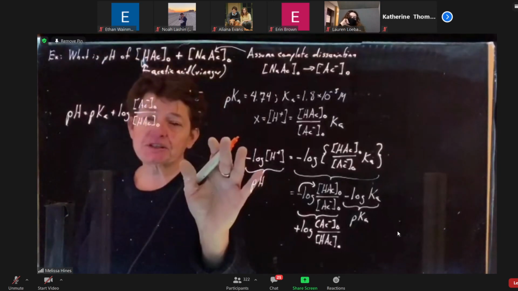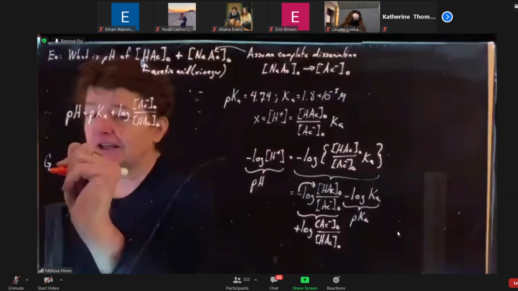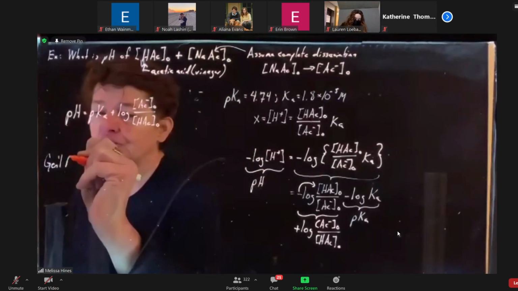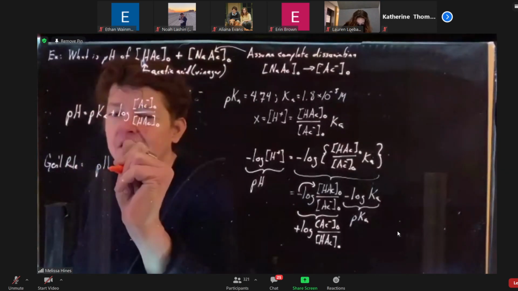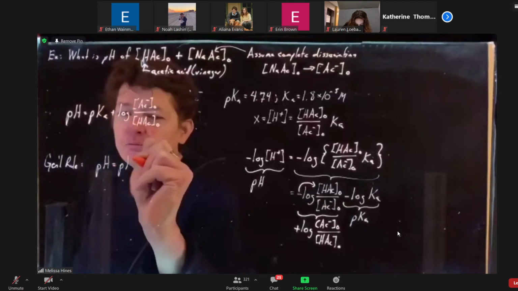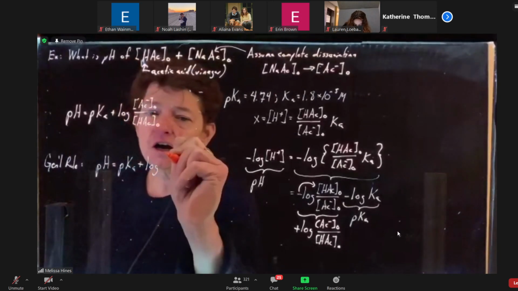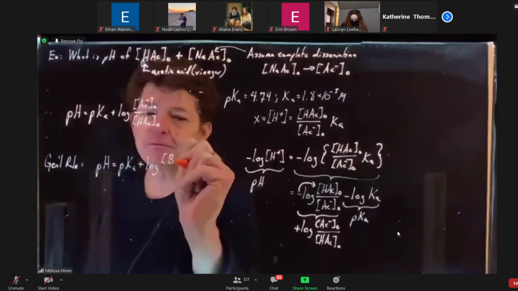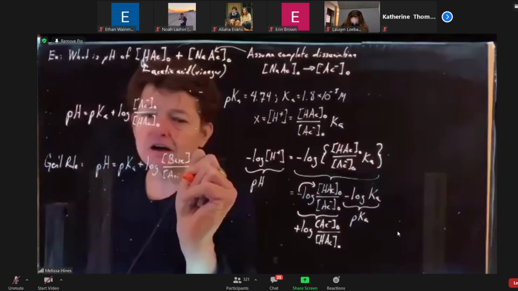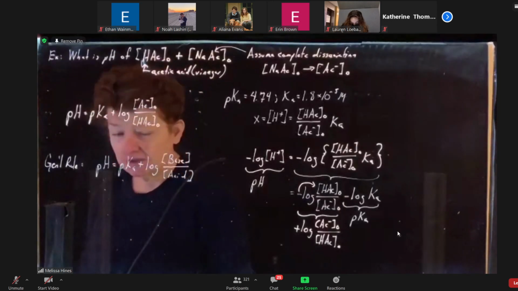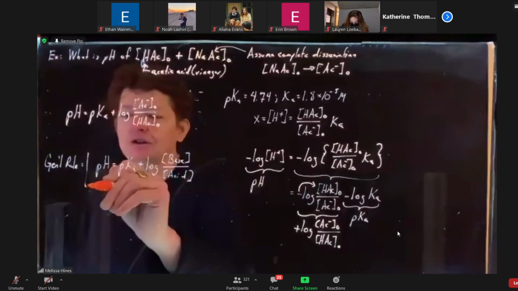This was specific to acetic acid, but I could generalize this to any weak acid and turn this into a general rule. pH is going to be equal to the pKa of the weak acid plus the log of my concentration of base divided by my concentration of acid. And this, of course, is the famous Henderson-Hasselbalch relationship.